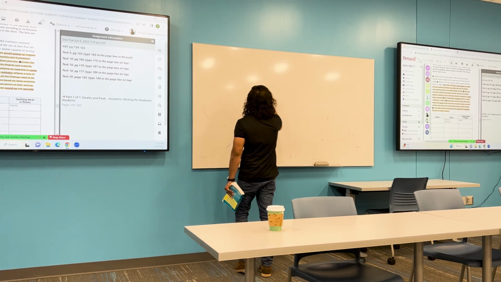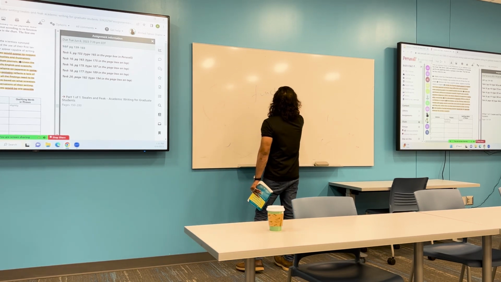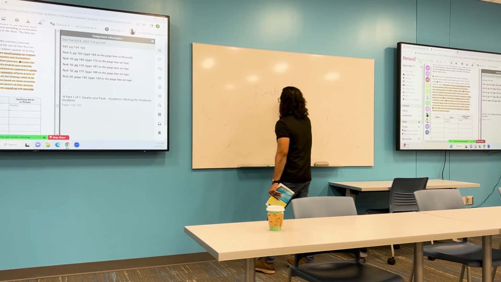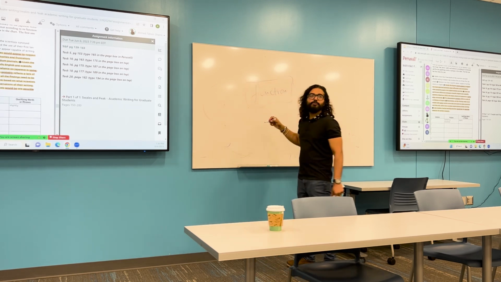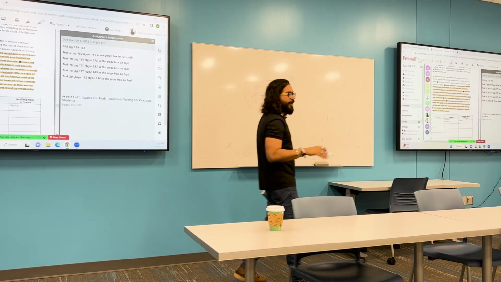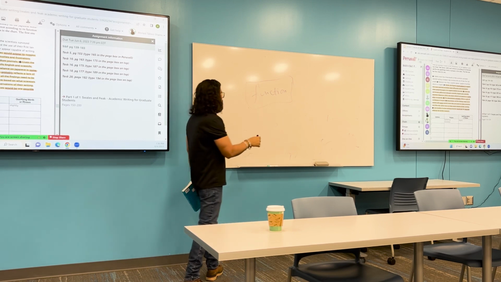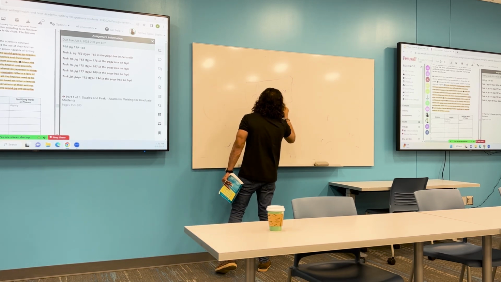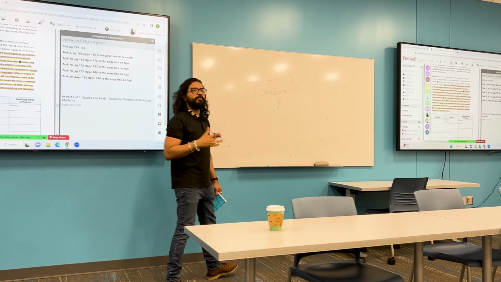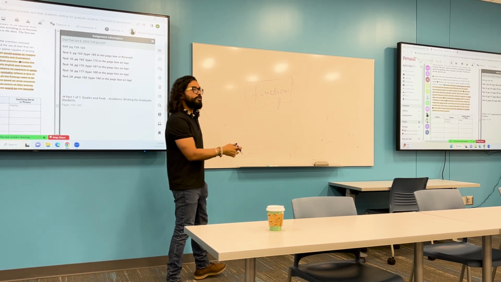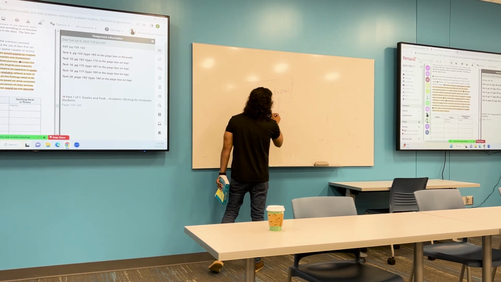Now we have to understand the function. Then finally I'll talk about the moves. Today I'm not giving the moves earlier because the moves will vary. Every sentence has a function, and we have to know what that function is. It's not like we write whatever we're feeling.